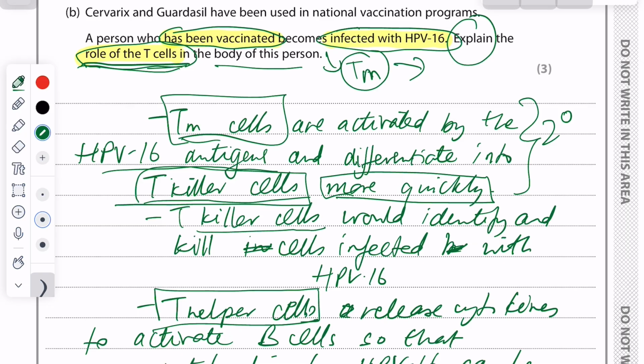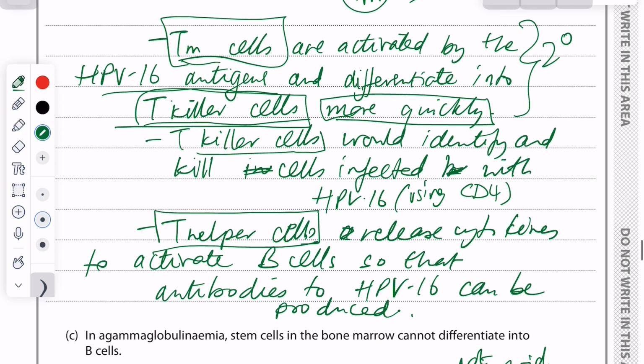T killer cells would identify and kill cells infected with HPV-16, maybe I should say using CD4 receptor to identify them. T helper cells release cytokines to activate B cells.